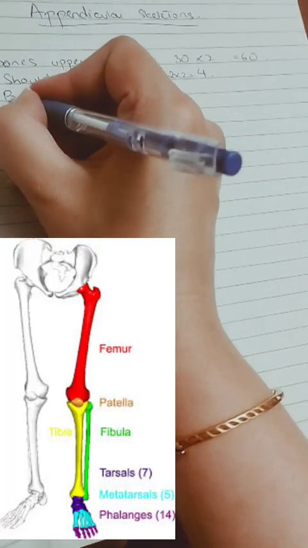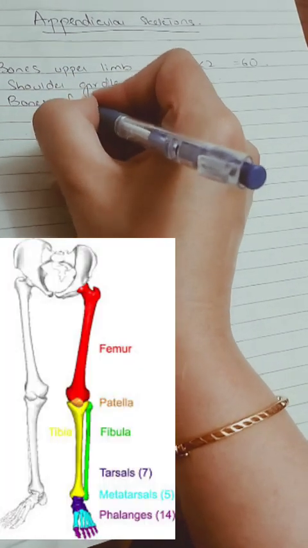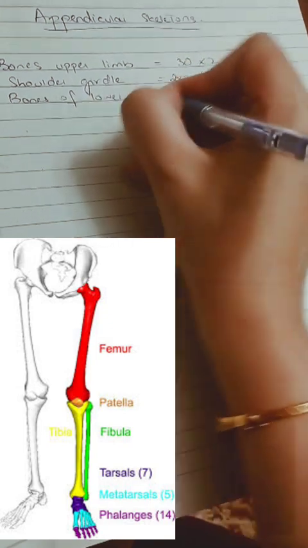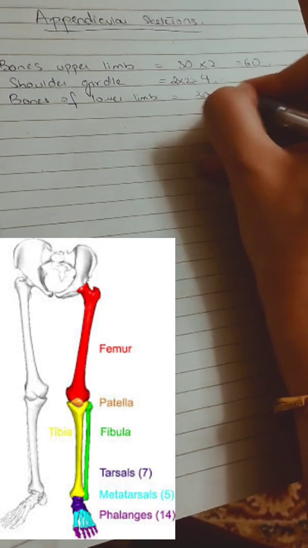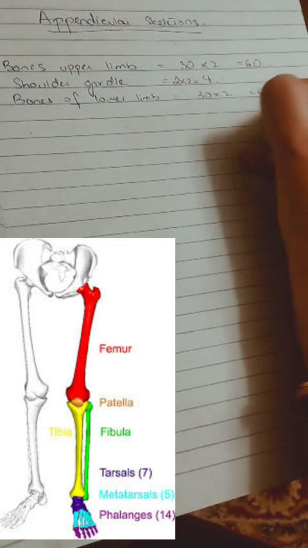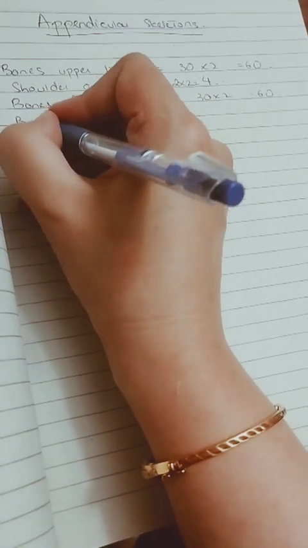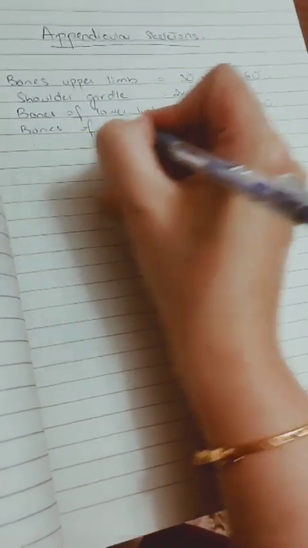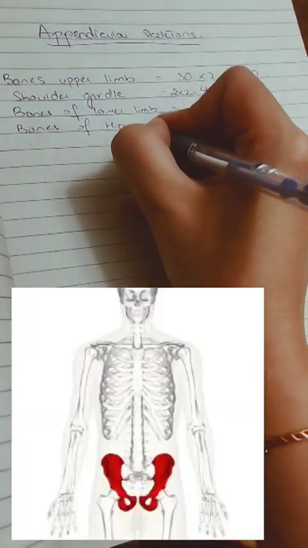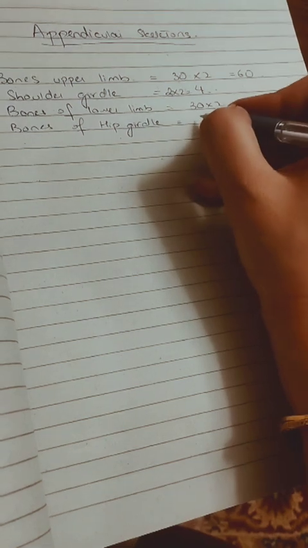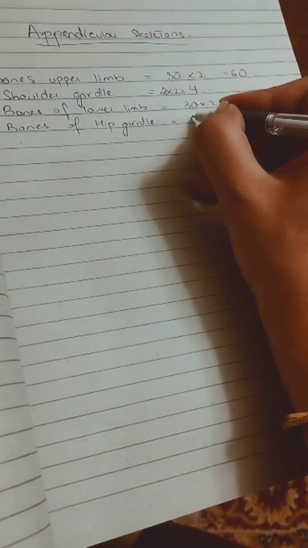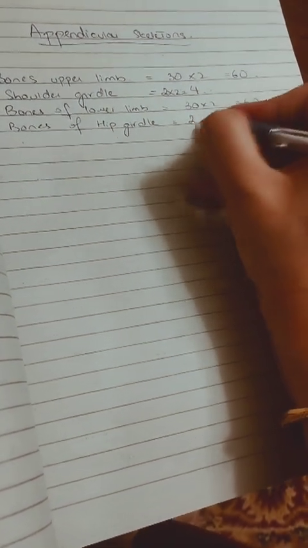Then bones of the lower limb, they are also 60. 30 into 2, we get 60. And bones of the hip girdle is just one bone, which is the pelvic bone on each side. So it is 2.